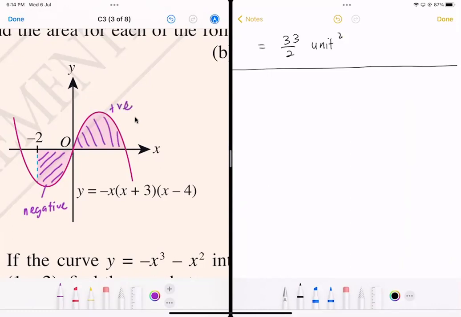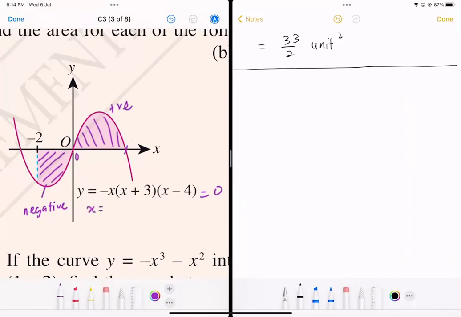So now we know the limit from -2 to 0 will give me a negative answer, so I need to modulus it. But from 0 to here, do you know what is the limit here? This one here. No. So you need to look at the equation. When this is equal to 0, you will get the 3 roots.